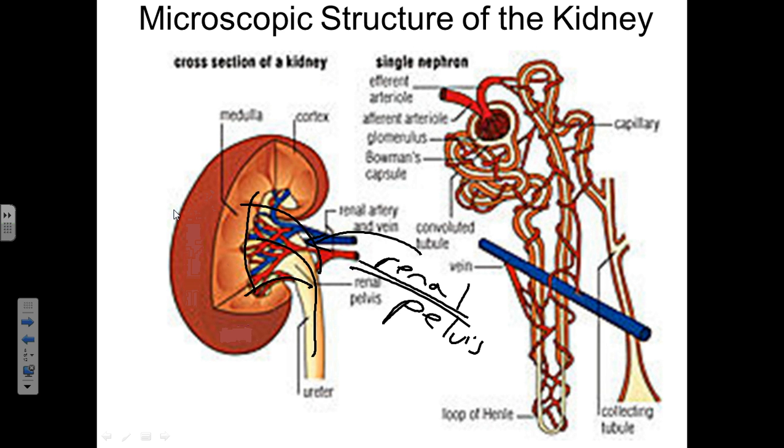But essentially what it is, it's a big funnel. All those collecting ducts will dump their urine into this big funnel-shaped renal pelvis, and then it will leave the kidney and go into the ureter. And from the ureter, it goes to the bladder, and from the bladder, it goes to the urethra, and from the urethra, it goes out and leaves your body.